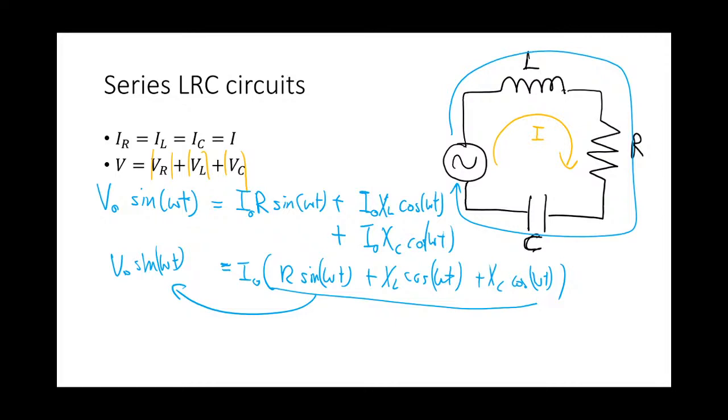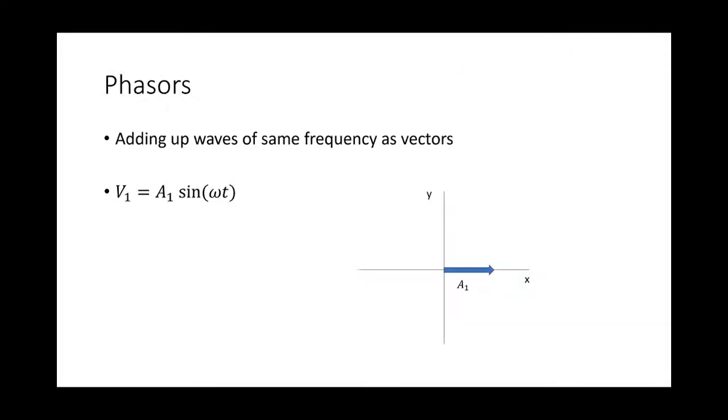So we come up with a new representation and tool to help us do this a little quicker and faster. And that tool is called phasors. It actually stands for phase vector, and you'll see why it's called that as I explain it.